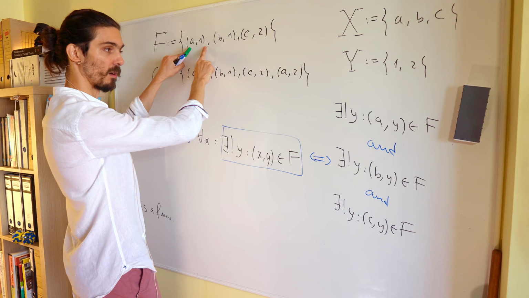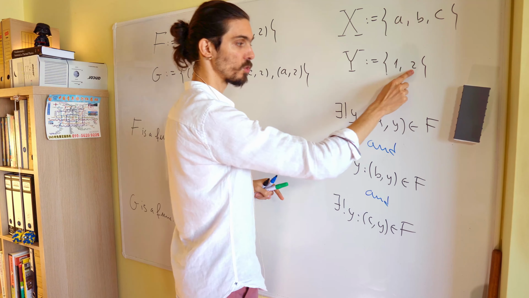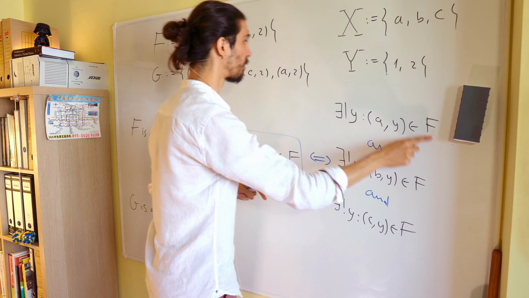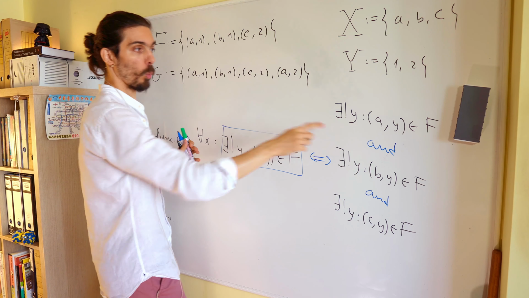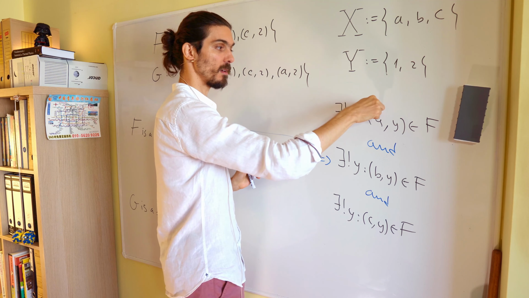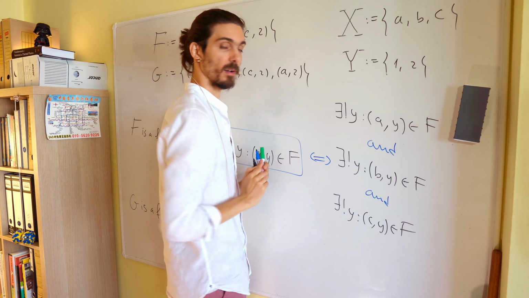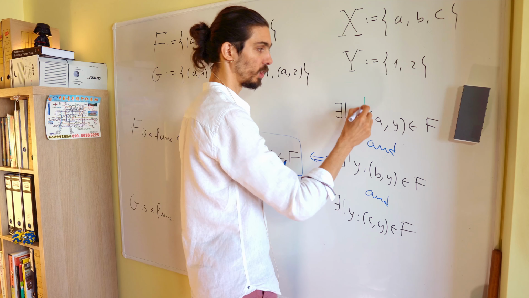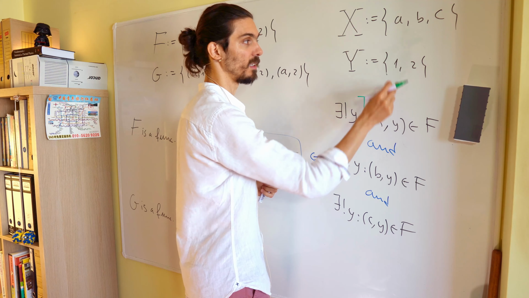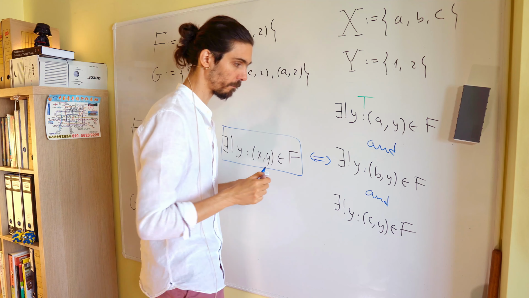Well, it's true, it's here. When y is 2, is it true that a2 is in F? No, it's not. So there is no other y that pairs with a that makes that pair in F. And so we conclude this is true. There is exactly one y, in this case 1, that makes this true.